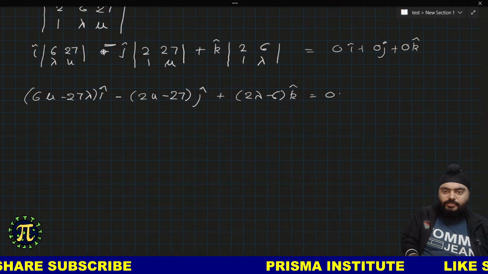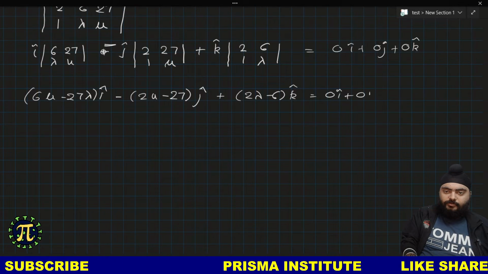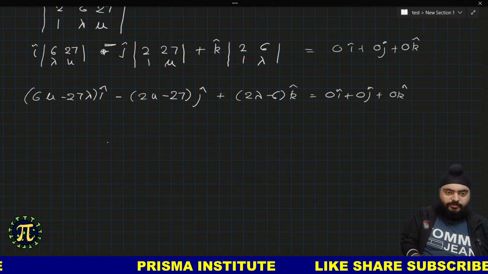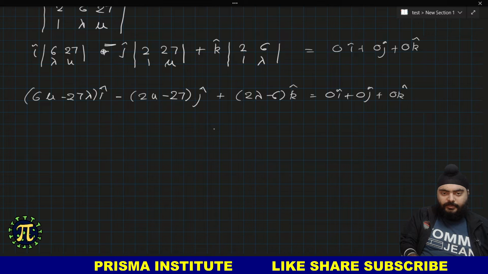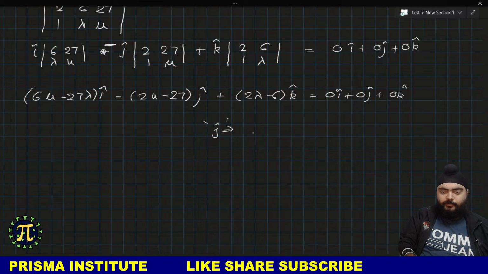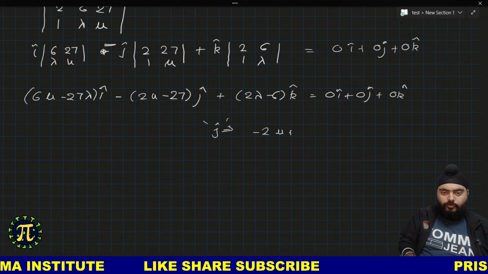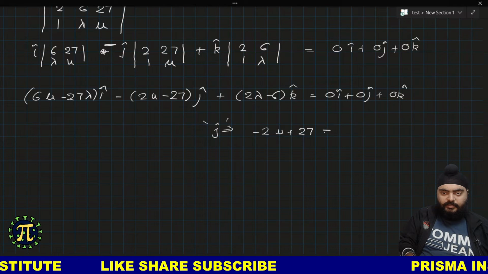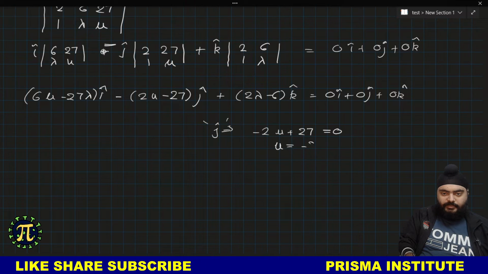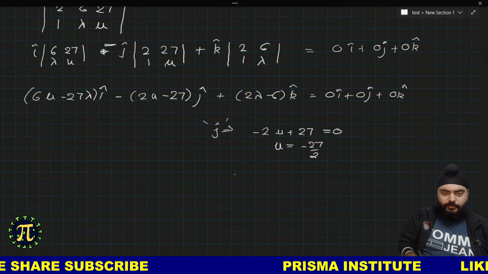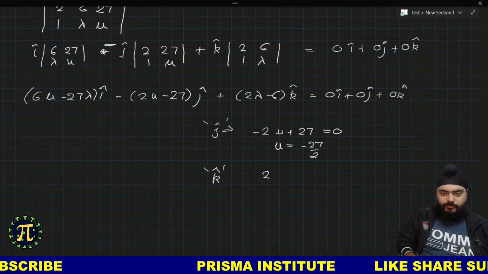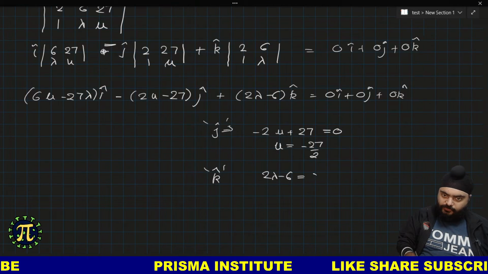This is equal to 0 i cap plus 0 j cap plus 0 k cap. So simpler will be to compare the components of j cap. The j cap component, I can write the equation minus 2 mu plus 27 is 0. So I get mu is equal to minus 27 by 2. And for the k cap component, I can write the equation 2 lambda minus 6 is also 0.